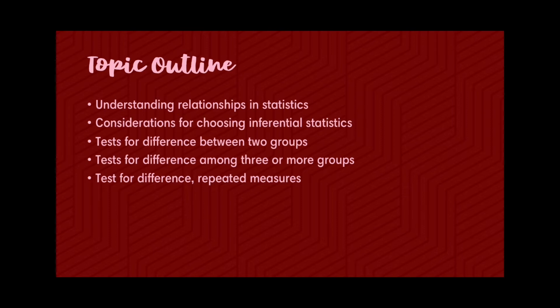And then we'll talk about different tests for difference between two groups, and then tests for difference among three or more groups. And then we'll talk about tests for difference when we have repeated measures.